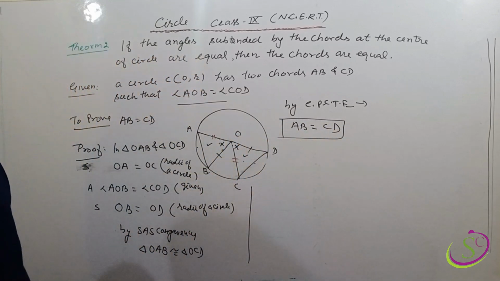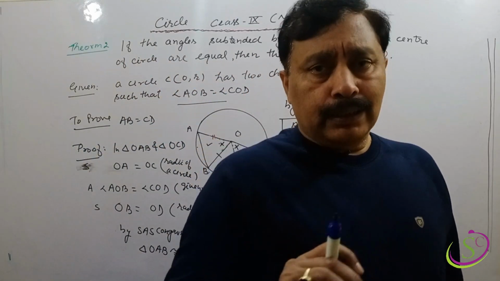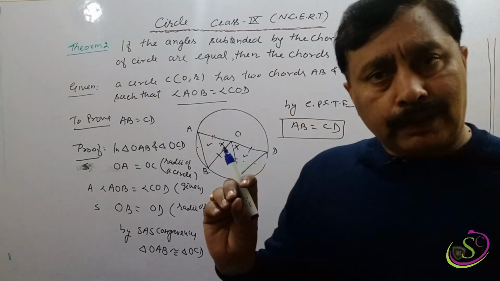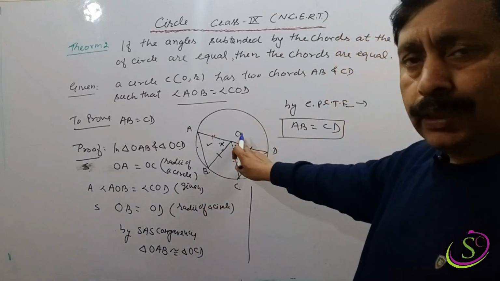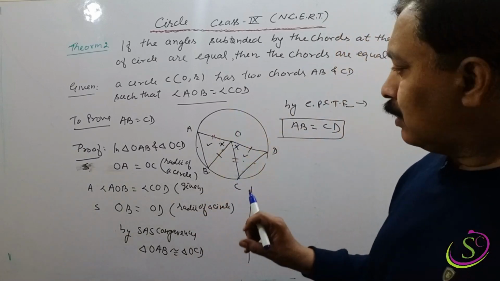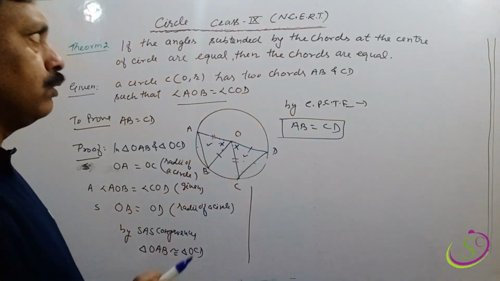Proved. Means in a circle, if two chords subtend equal angles at the center of the circle, then the chords will be equal. Is it clear? So do it.